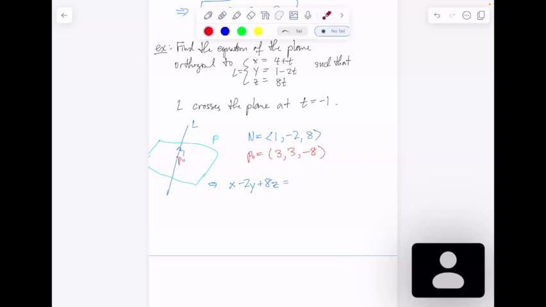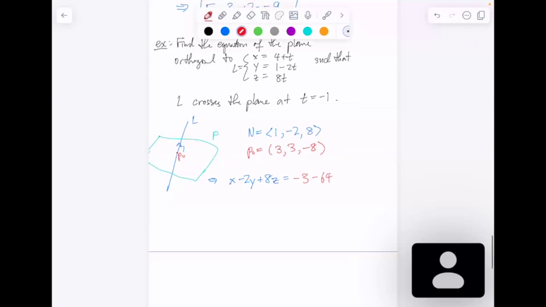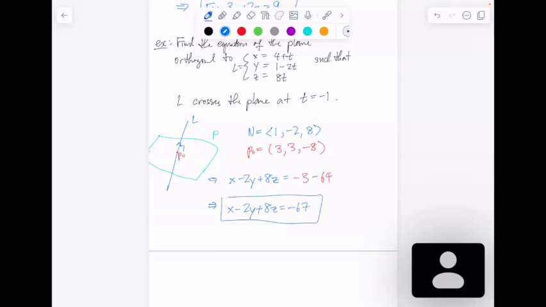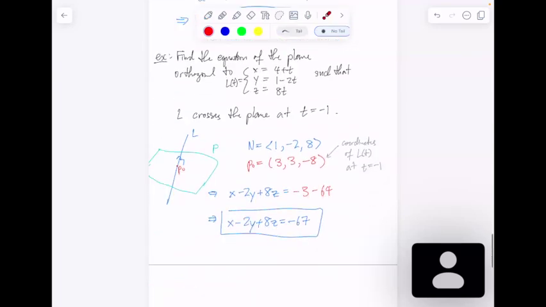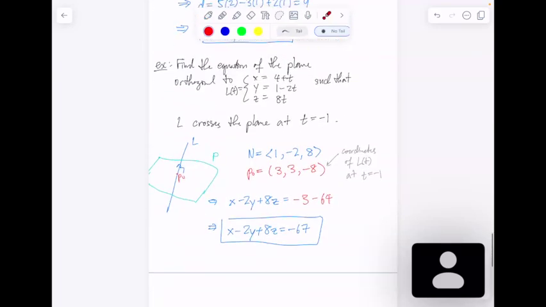If I want this point to be on my plane, then it must satisfy the equation when I plug this in: 3 minus 2 times 3, that's 3 minus 6, that's minus 3, minus 64, huh? So this must be equal to minus 67, is that right? Well, that's unfortunate. Okay, so that's x minus 2y plus 8z is equal to minus 67. Okay, well, at least one other person has the same answer as me, so hopefully this works out. Okay, so this is a plane that is orthogonal to this given line.